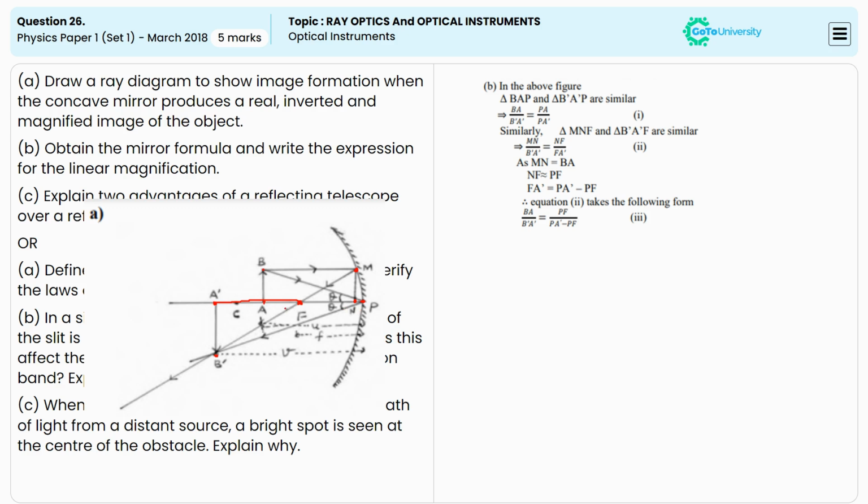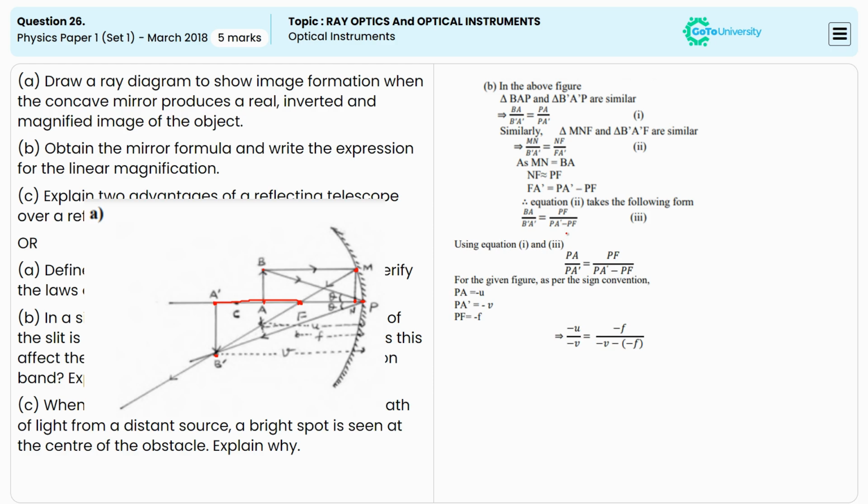This is equation 2, and equation 2 takes the following form: BA by B'A' is equal to PF divided by PA' minus PF.